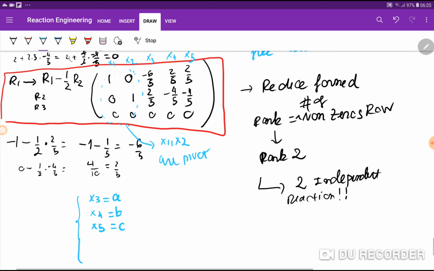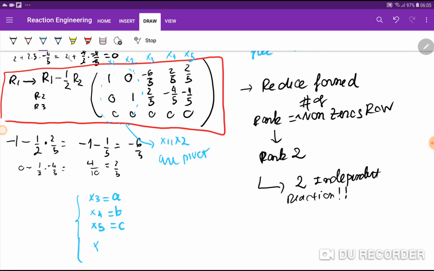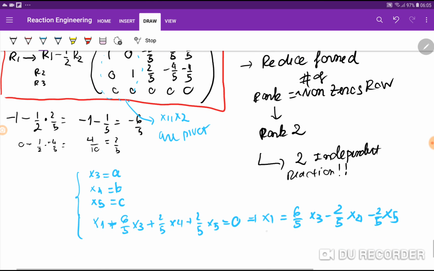So in this case, the first equation, basically you have x1 plus 0 x2 plus -6/5 x3 plus 2/5 x4 plus 2/5 x5 equals 0. So you have x1 equal to 6/5 x3 minus 2/5 x4 minus 2/5 x5, and then x1 becomes 6/5 a minus 2/5 b minus 2/5 c.